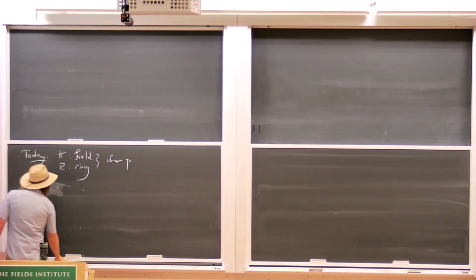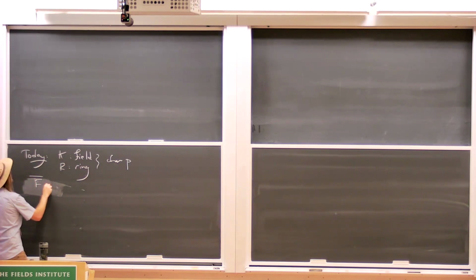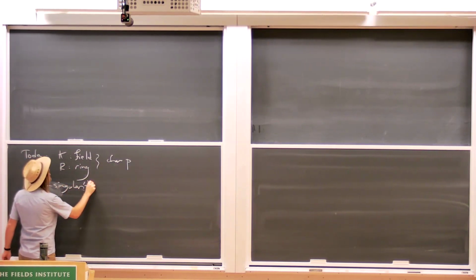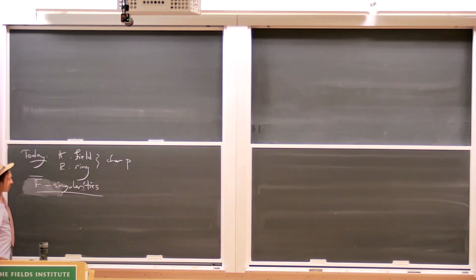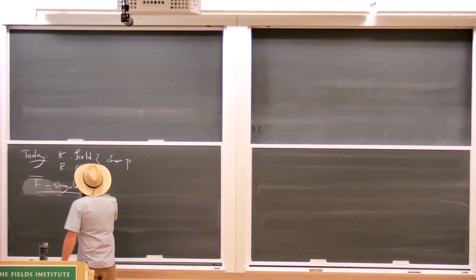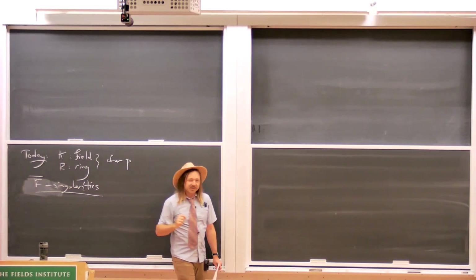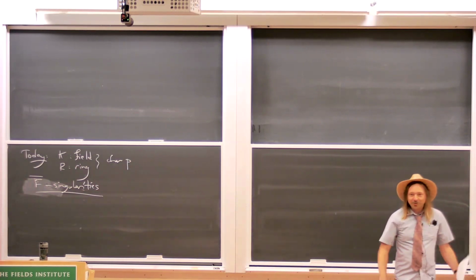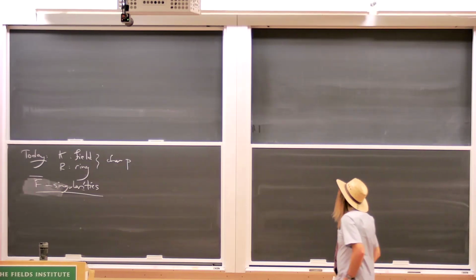Let me do a heading before a definition. This is a general term, and the singularities half is saying we're maybe considering rings that are not regular or are different from polynomial rings in substantial ways.